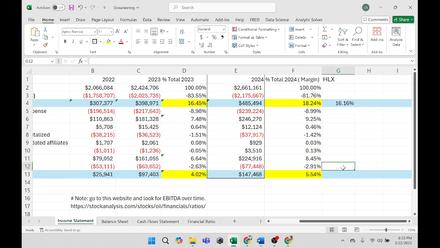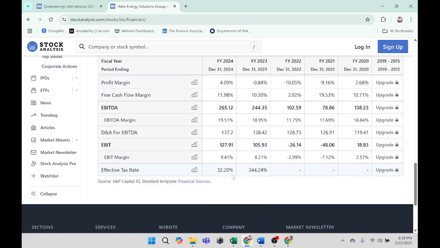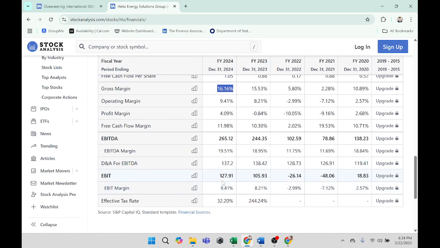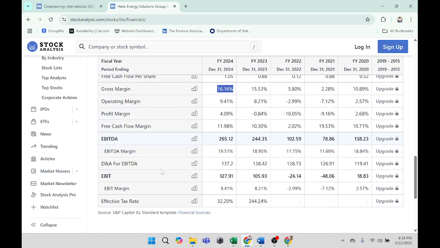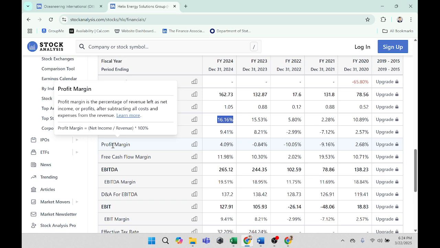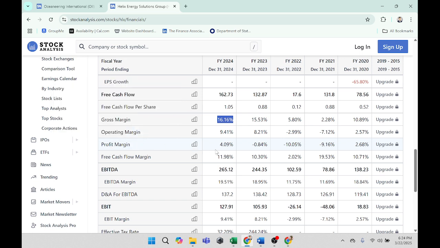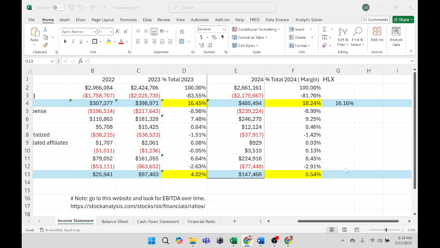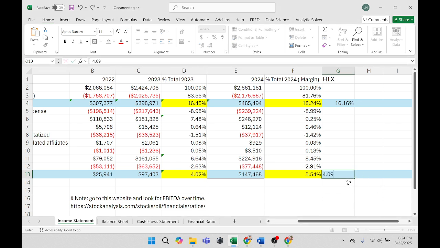Because you just want to compare some of the key ratios with each other. And the quick way is just go through this website. Okay, so what else? Net income margin, profit margin right here. So it just means net income margin. You see 4.09. So 4.09 is the other company. So what do you think?